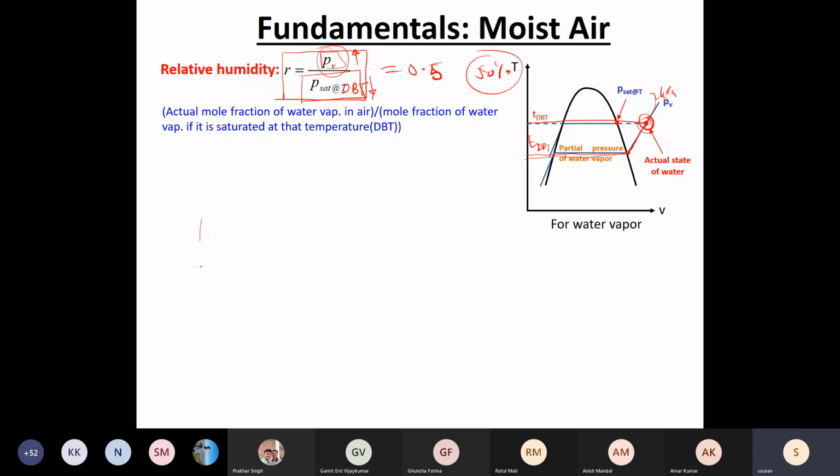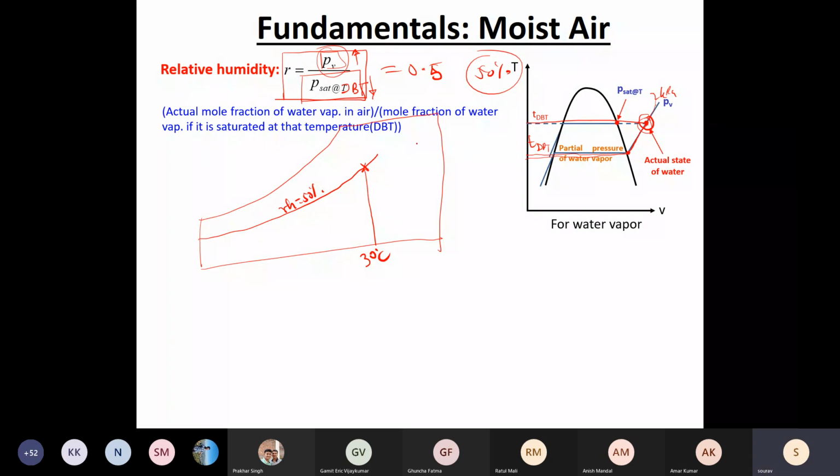But let's see how the process happens on a psychrometry chart. If this is your initial condition, let's say this is 30 degrees and this is your RH equals 50% line. What I am going to do is just sensibly cool the air without changing the partial pressure of water vapor.